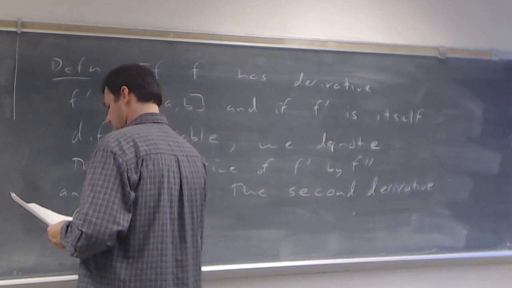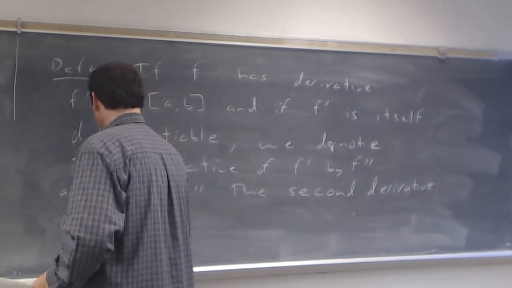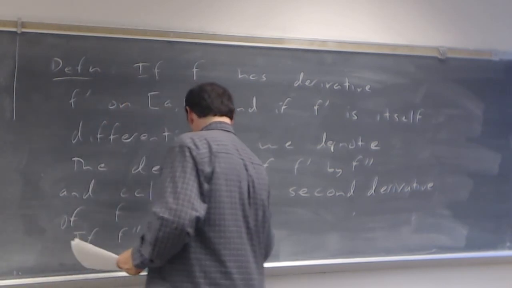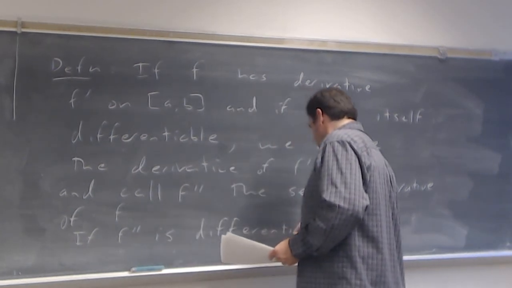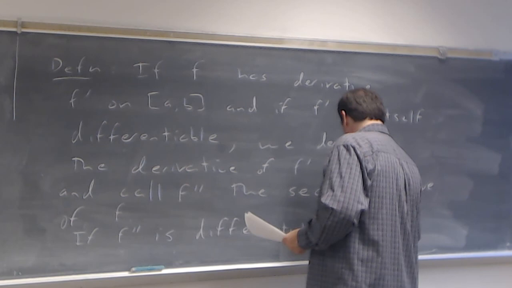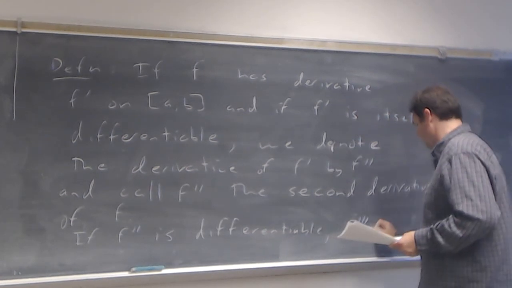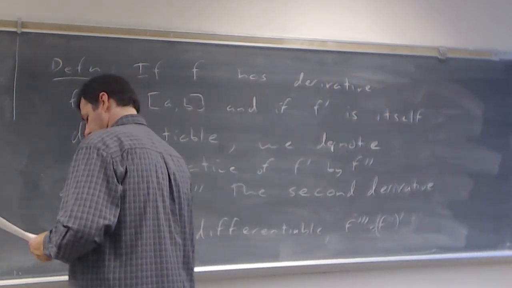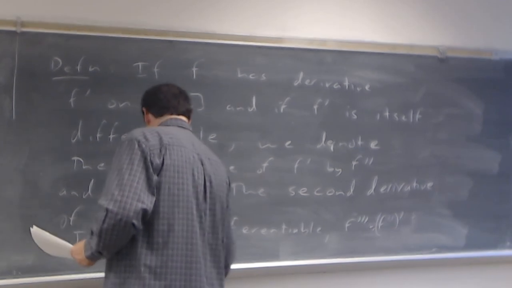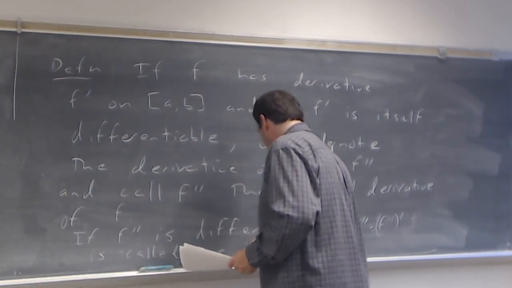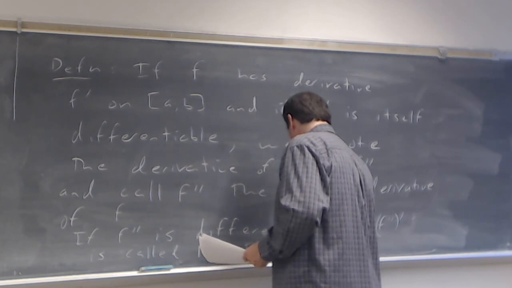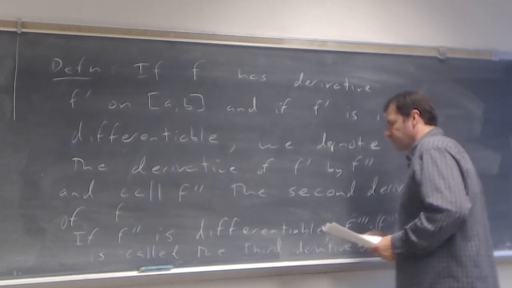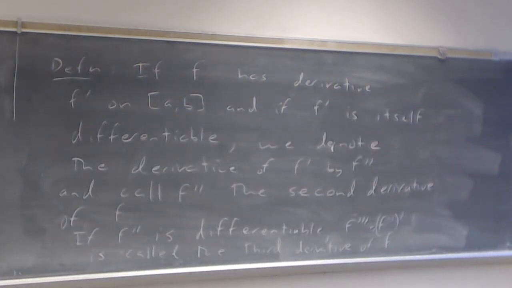Now, we can continue on if f double prime is differentiable. F triple prime, which is equal to the derivative of f double prime, is called the third derivative of f. And we can extend this and in general get the following statement.